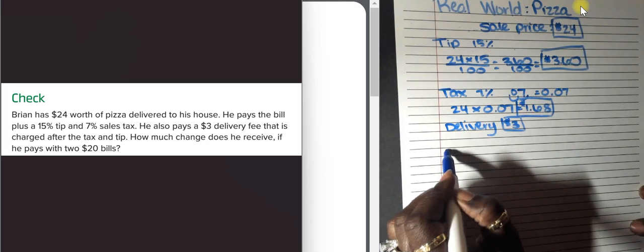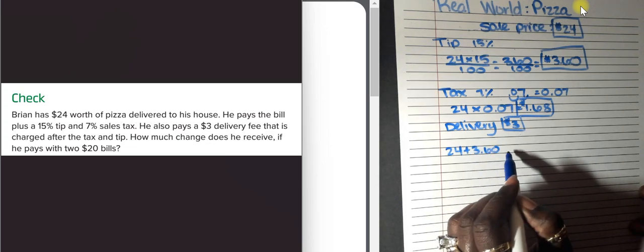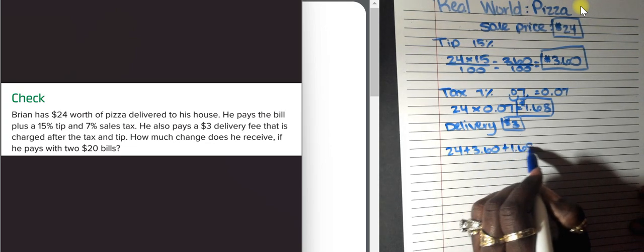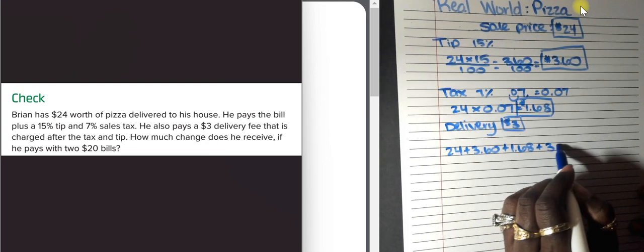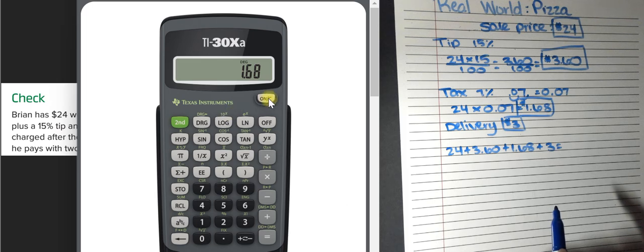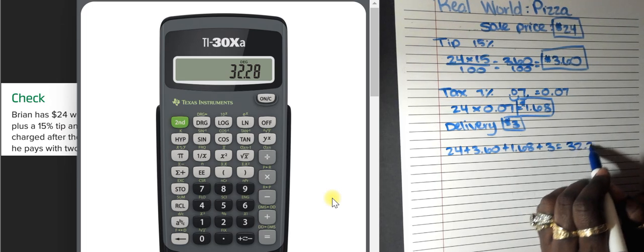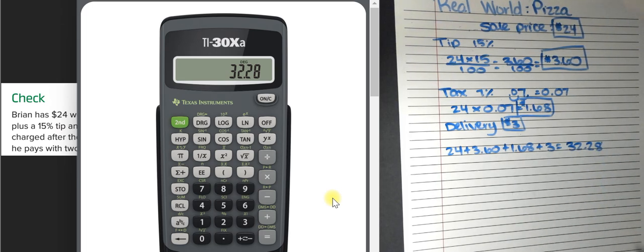So we have 24 plus $3.60 plus $1.68 plus $3. And that is going to give me the total amount that we need to pay. So 24 plus $3.60 plus $1.68 plus the $3 delivery fee gives me 32.28. Okay. So this is how much we're going to pay.